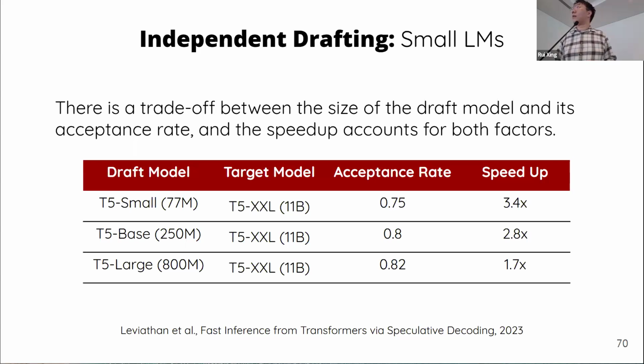Here you can see the most speedup is achieved by the smallest model, T5-small, and the acceptance rate is not very high compared to other larger models, but it is very fast. Considering the drafting latency, it achieves the most speedup. So usually there is a trade-off: if you have a lower acceptance rate, you may use a larger model to achieve better speedup.